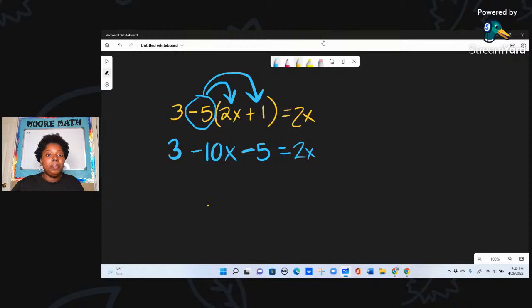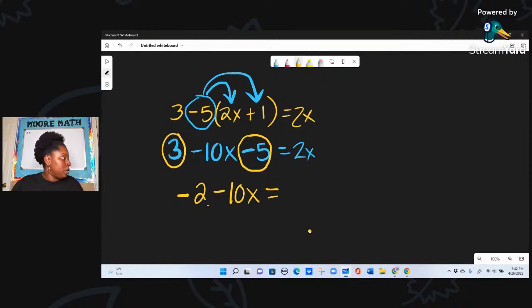And now let's combine our like terms. We have 3 and -5, and 3 minus 5 is going to be -2. Bring that minus 10x down because we haven't used it yet.